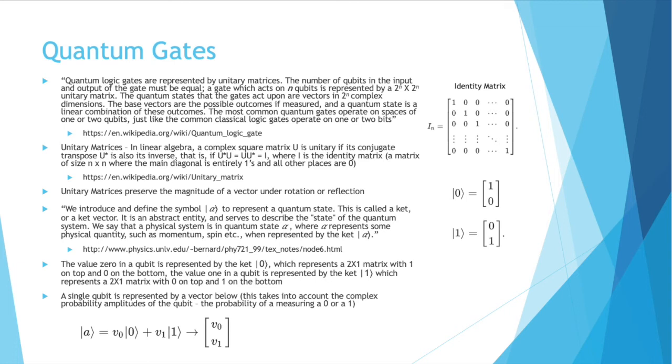In order to represent an entire qubit, so not just a qubit in state 0 or state 1, we use the vector below, which takes into account the complex probability amplitude of the qubit, the probability of measuring a 0 or a 1. So it's the ket alpha, which represents alpha times ket 0 plus beta times ket 1.